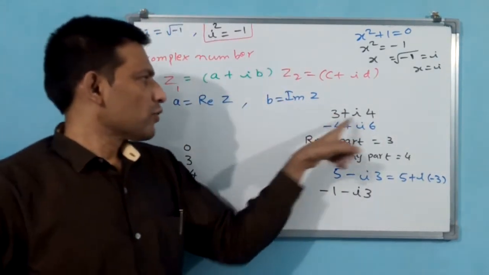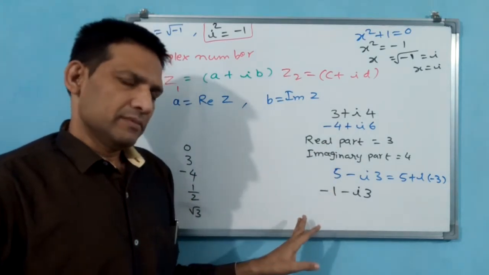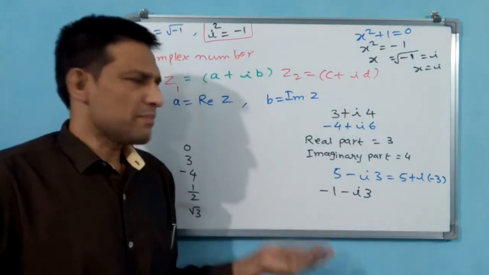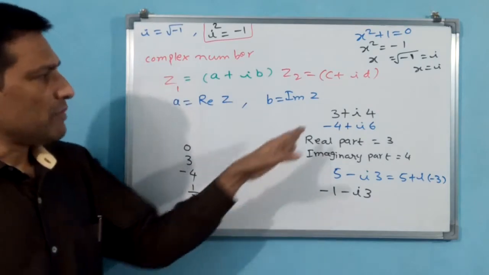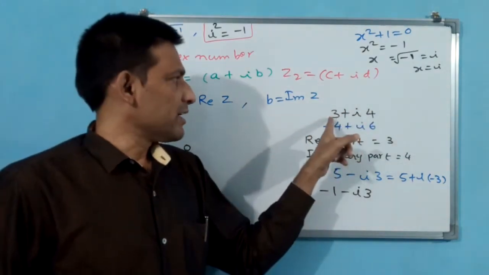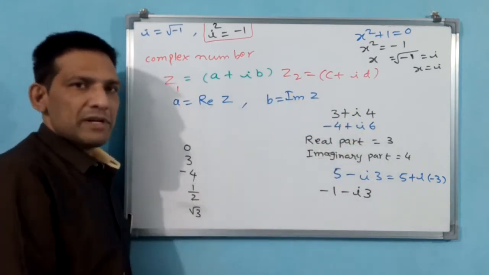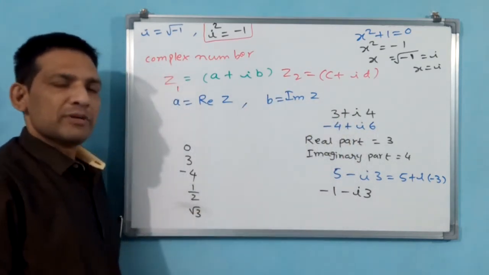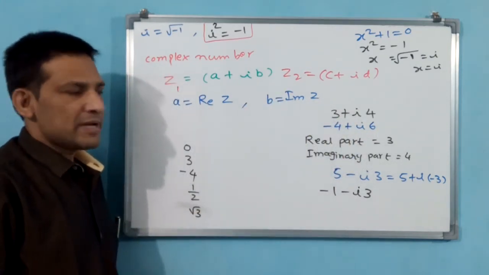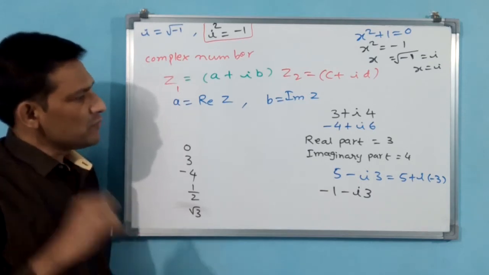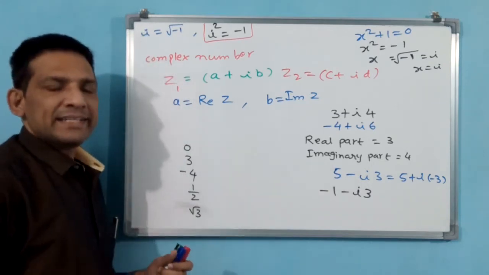Here, all 4 types of representation of complex numbers I have written. Imaginary part, real part, imaginary part. See, in both parts, real numbers only will come, but along with i it is going to come. Then only it becomes a complex number. Now you tell me, what is i?